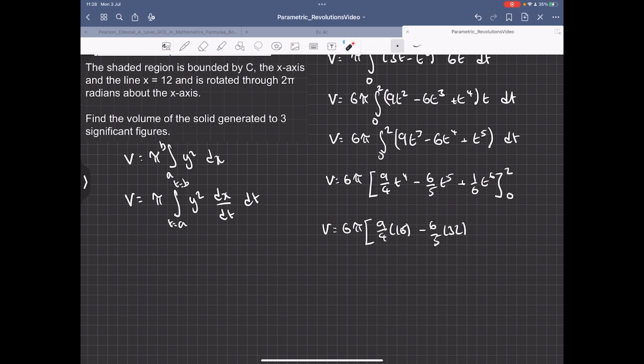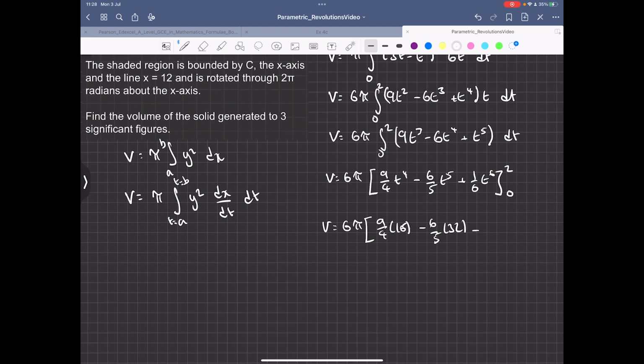And then t to the 6 is 64, so plus 1/6 of 64. And when we substitute in the 0, well, 0 to the 4, 0 to the 5, and 0 to the 6 all become 0. So this is take away 0.